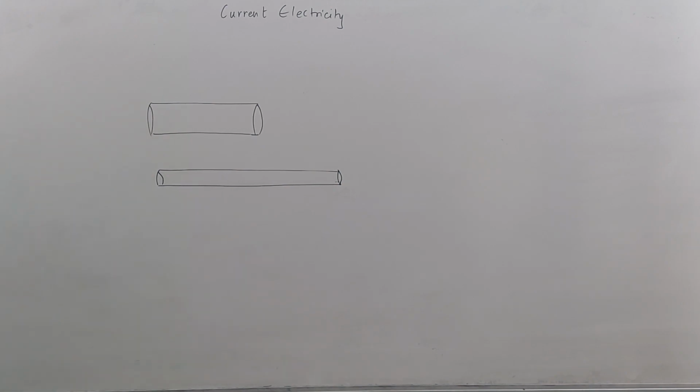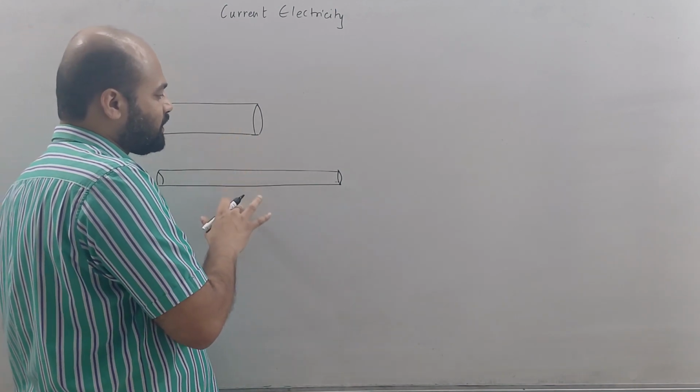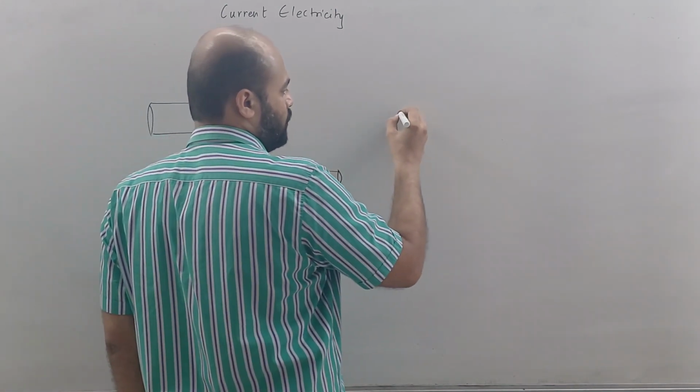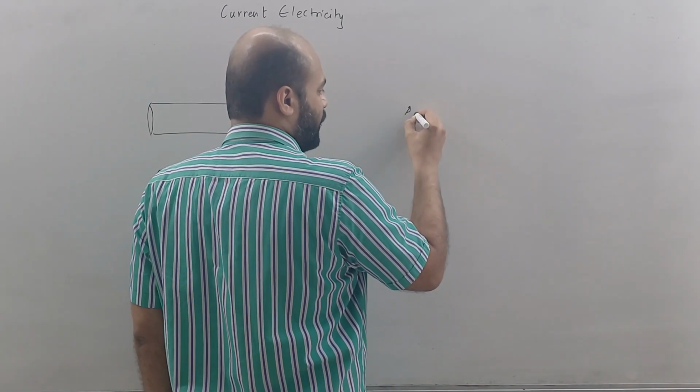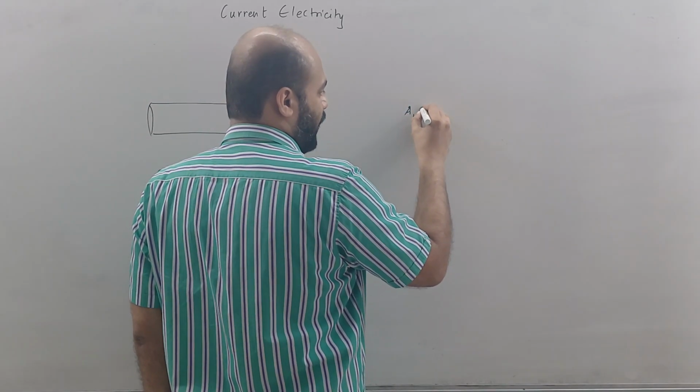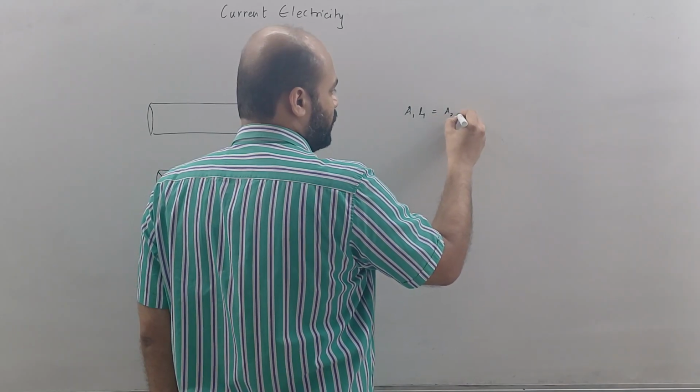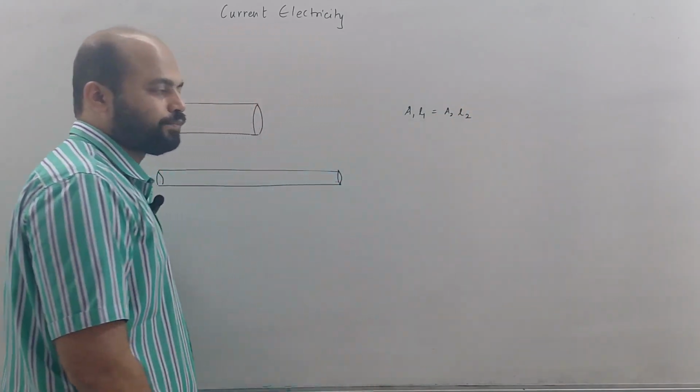That means the overall volume has remained same. But if you increase its length, what has happened over here is the CSA, that cross-sectional area has come down. So in both the cases, volume has remained the same. And because of which I can write A1L1 equals to A2L2.